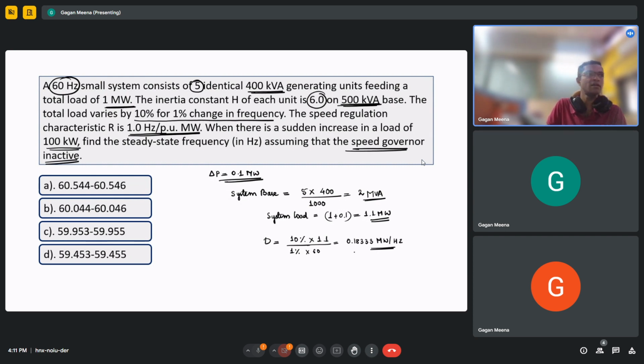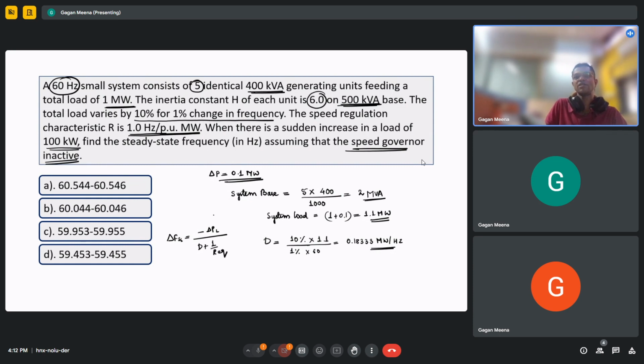If you want to find out it in per unit, then we have to again divide it by the system base. So we have seen that delta f steady state is minus delta PL divided by D plus 1 by R equivalent.